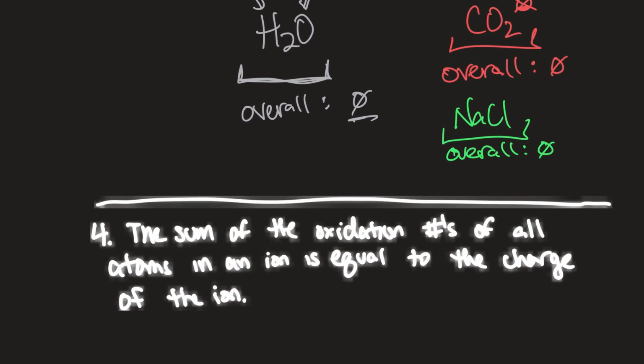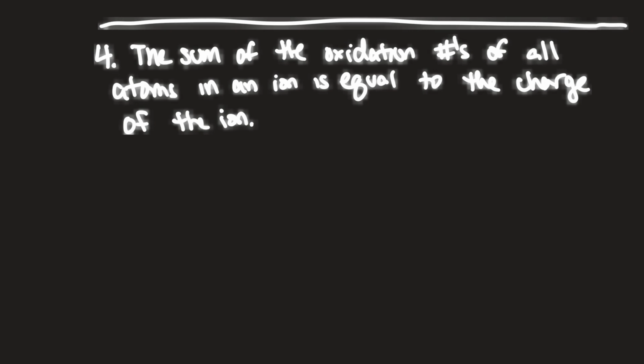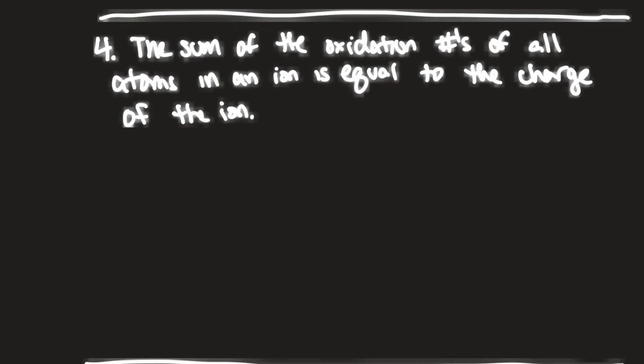Now let's say the compound is not neutral. It has a charge, like many of your polyatomic ions, for example carbonate, or nitrate, or even something like phosphate. The sum of the oxidation numbers of all atoms in that ion is equal to the charge of the ion, and this is true of polyatomic ions. The carbonate has an overall charge of -2, so its oxidation number is -2.